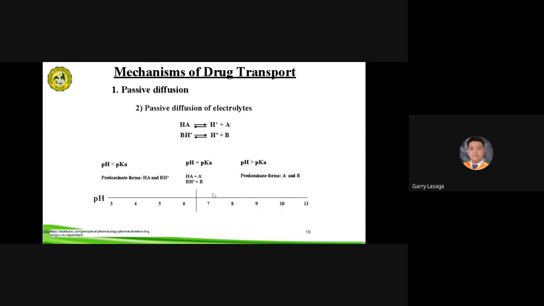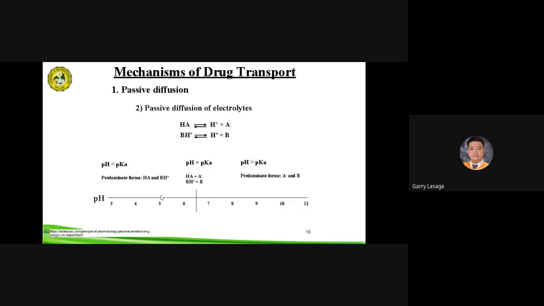The pKa is 6.5. So for a weak acid, when we place a weak acid drug in an acidic environment, what will happen is the unprotonated form of the drug, HA, will predominate. When we place a weak base in an acidic environment, the protonated form of the drug will predominate. And as we all know, only the unprotonated form of the drug will be absorbed.